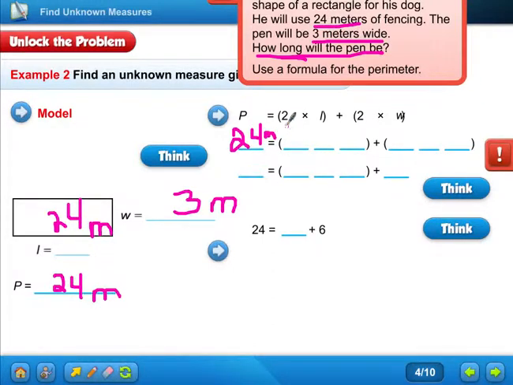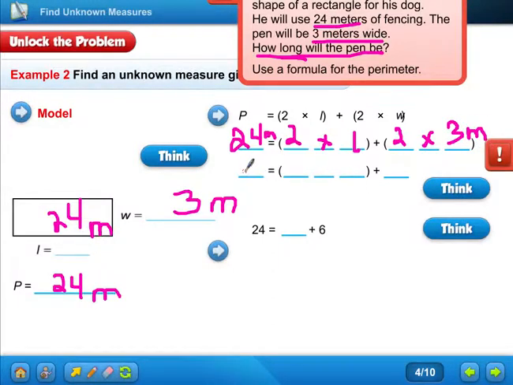Now this 2, we're going to bring down here, because we have 2 lengths. 2 times length. We don't know our length yet, so I'm just going to put an L. Plus 2, because if this side is 3 meters wide, this side has to be 3 meters wide. Times 3 meters.